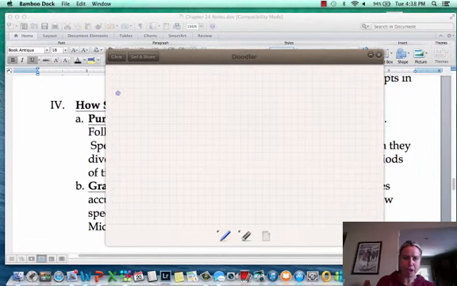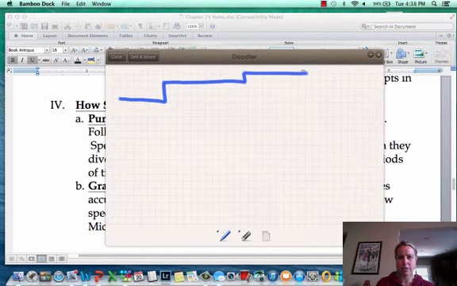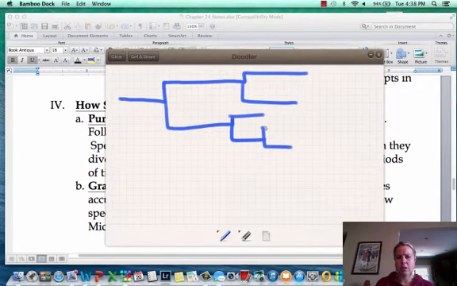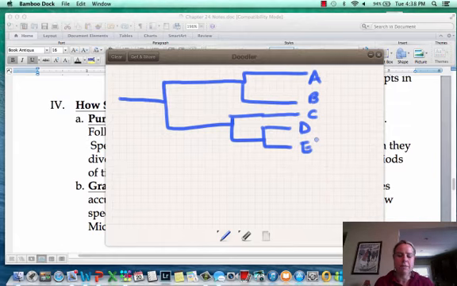So up here at the top, I'm going to draw something that looks like this. Okay, and let's say that we have species A, B, C, D, and E. Okay, that's going to be one way that it can happen.